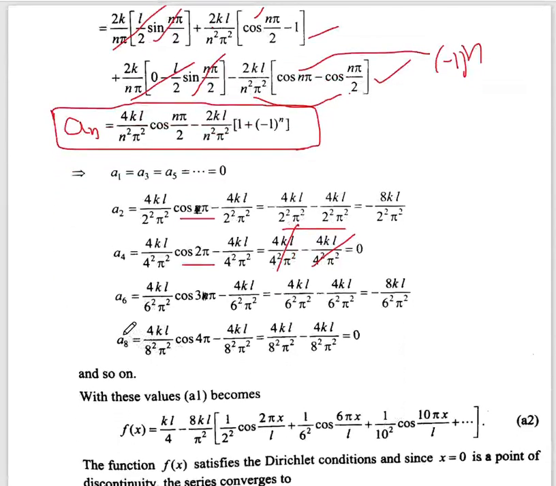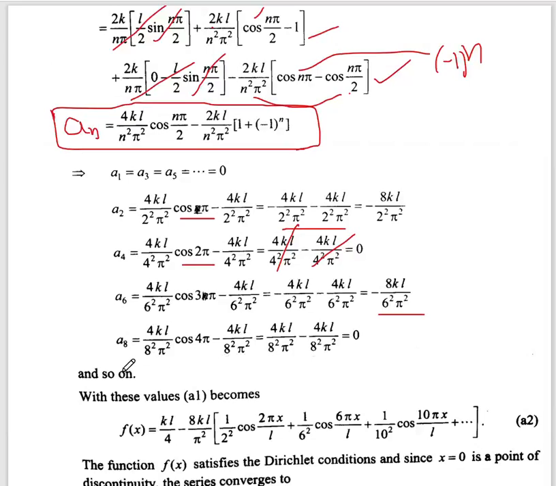Similarly, we can find a6, that is 4kl upon 6²π² cos 6π upon 2, that is cos 3π, minus 4kl upon 6²π². Calculating this term, cos 3π means minus 1, so this will become minus 8kl upon 6²π².